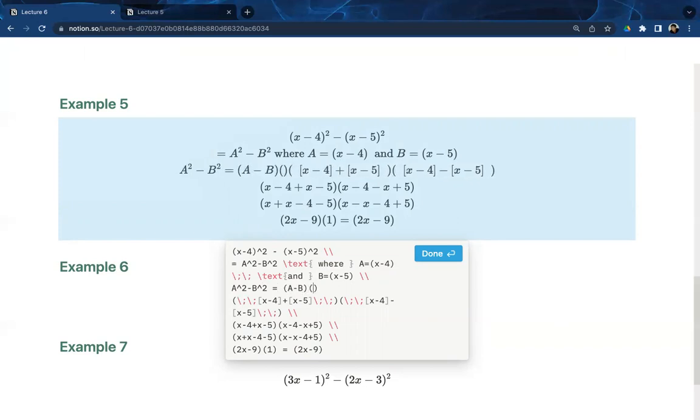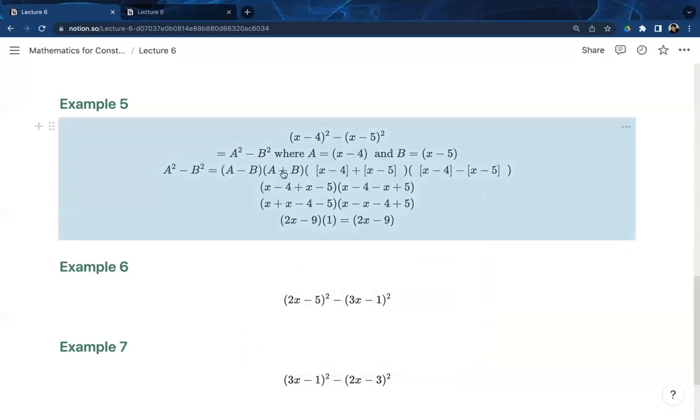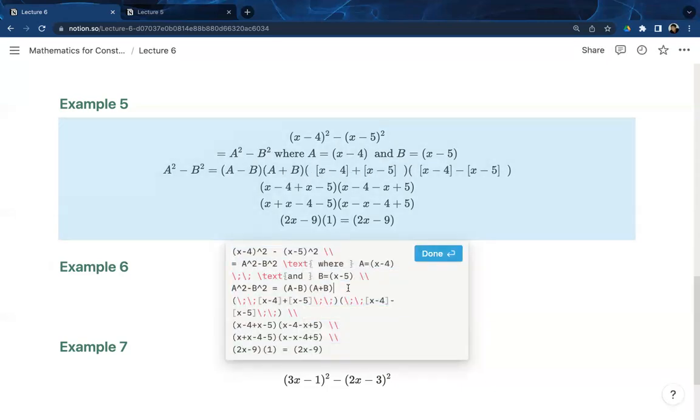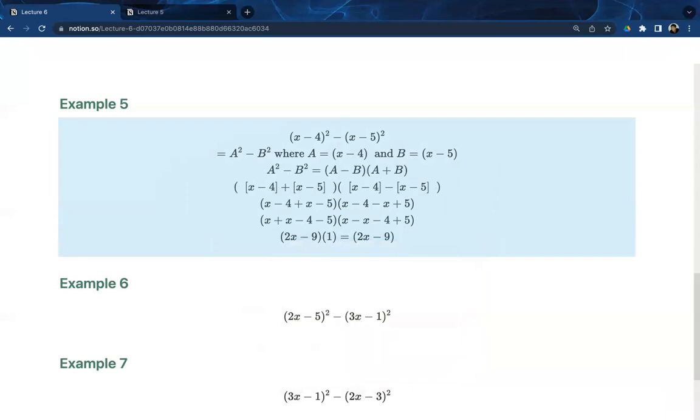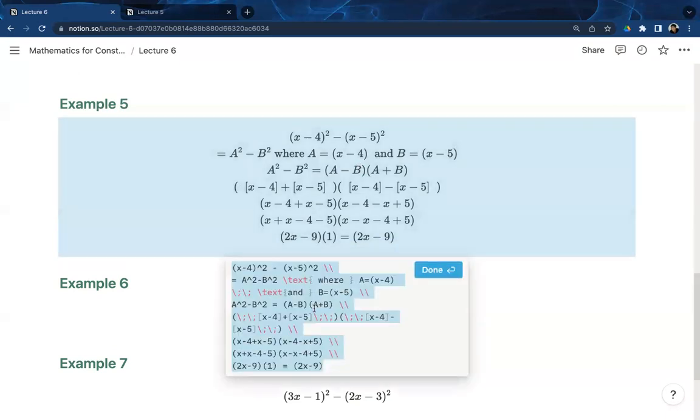But I know a squared minus b squared is equal to a minus b by a plus b. I know a squared minus b squared is this here, a plus b by a minus b.